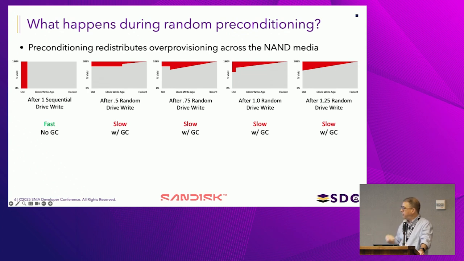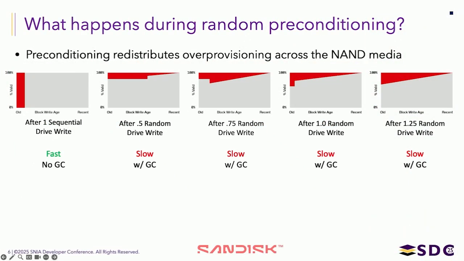After you've done that sequential precondition, you switch to your random write preconditioning, which in the conventional approach, you start doing a random write, and you see this over-provisioning start to get distributed across the media within the drive, and it progressively shifts within the drive until you get to that steady state on the right.